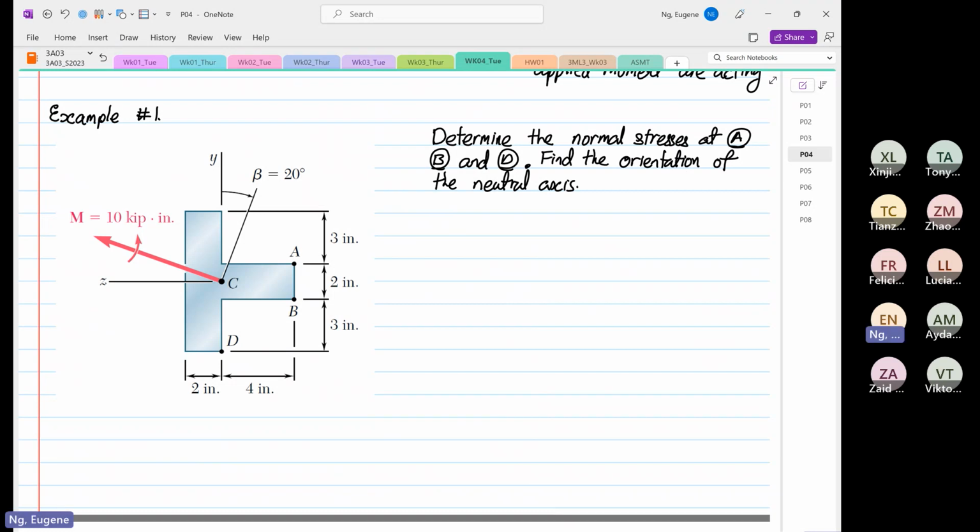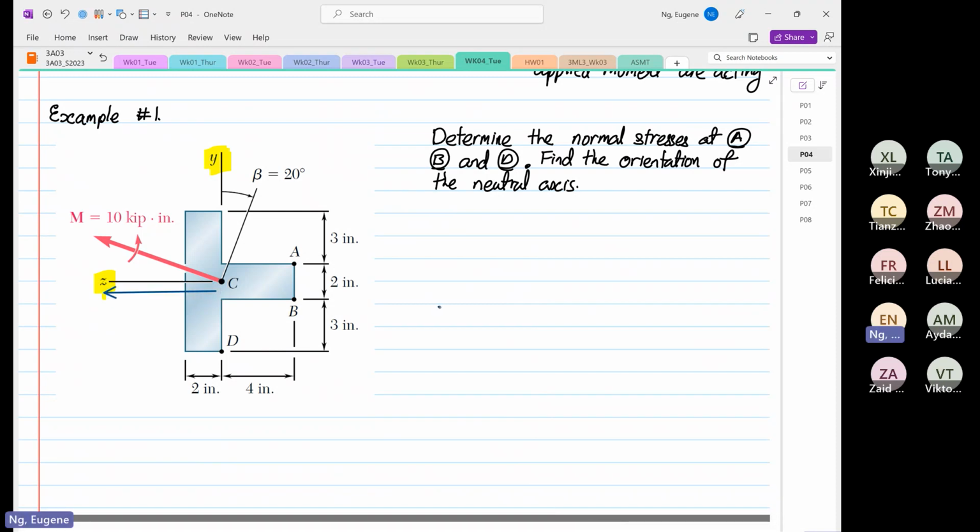So as you can see on this diagram, we know where our y-axis is, we know where our x-axis is. We are aware that we have a moment on the x-axis, right?